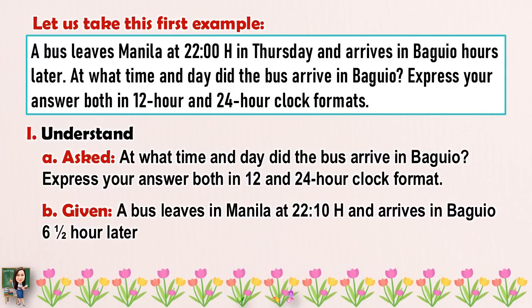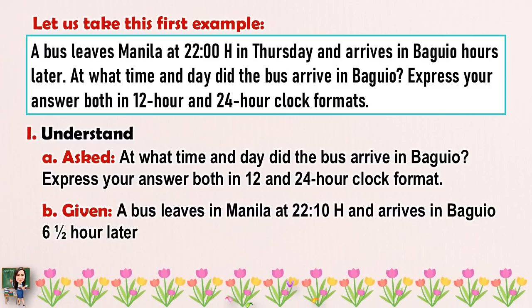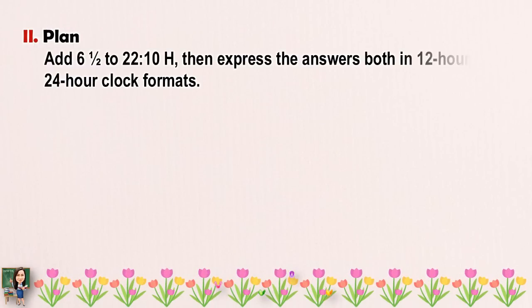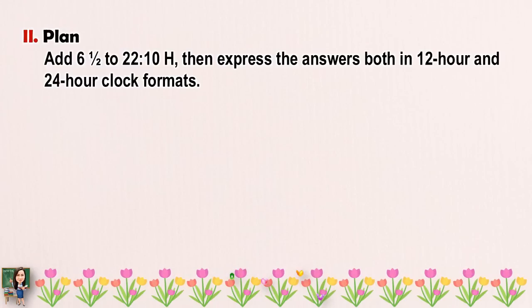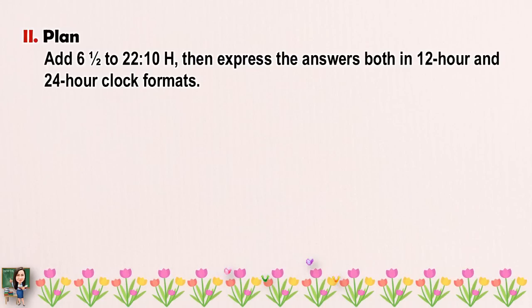A bus leaves Manila at 2210 hours and arrives in Baguio 6½ hours later. Next step is to plan. You are going to add 6½ to 2210 hours, then express the answers both in 12-hour and 24-hour clock formats.